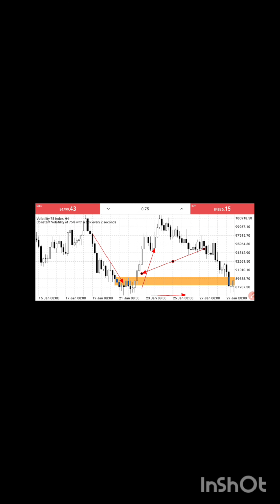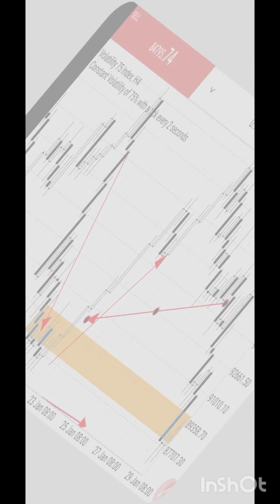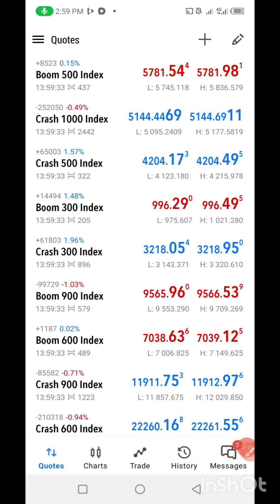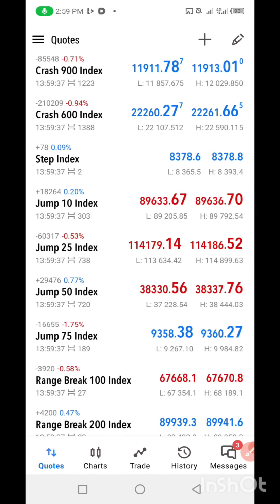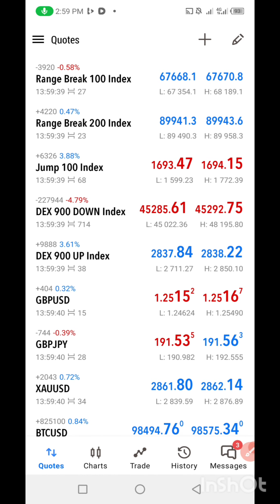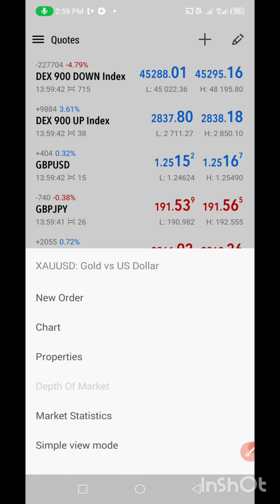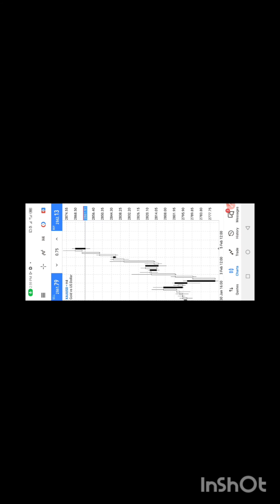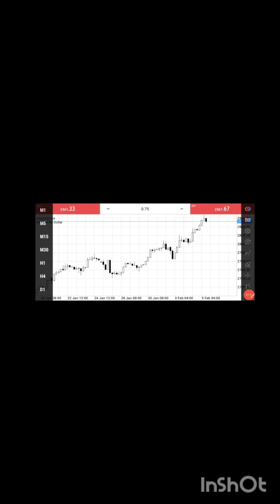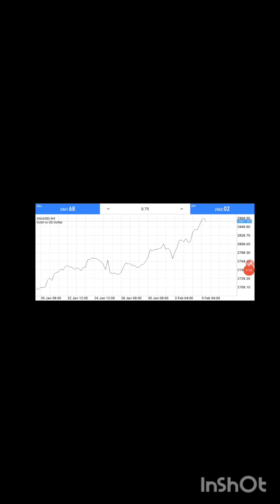Okay, so let's check the Forex market. Let's open the pair and see how this is going to help. Right now this is our 4-hour time frame, and we will be in the line chart.